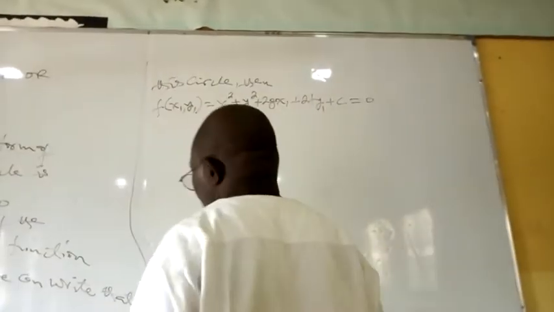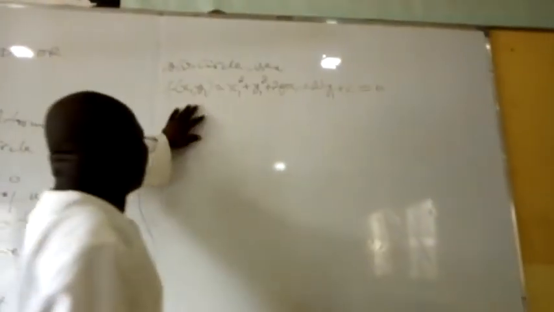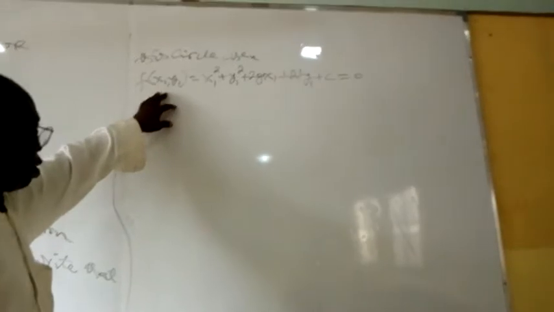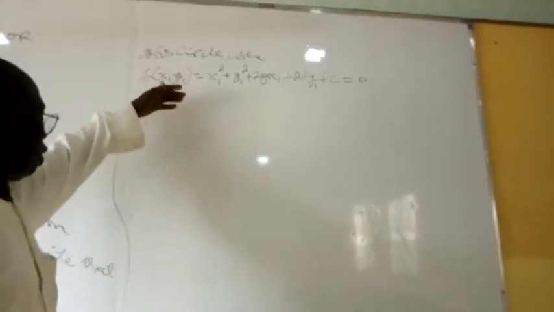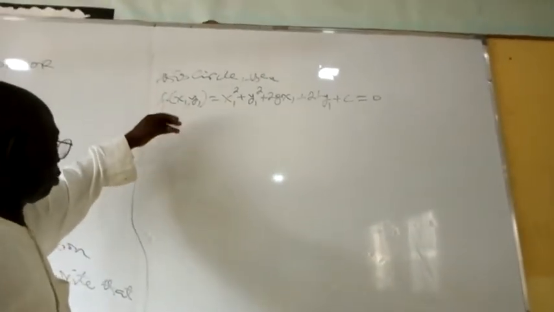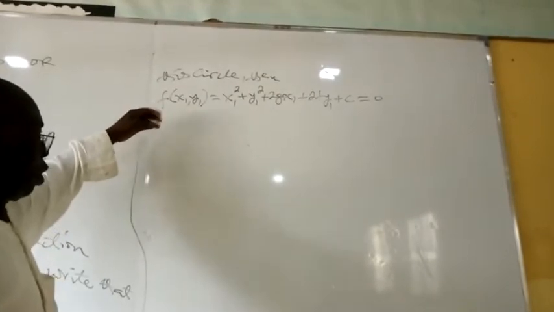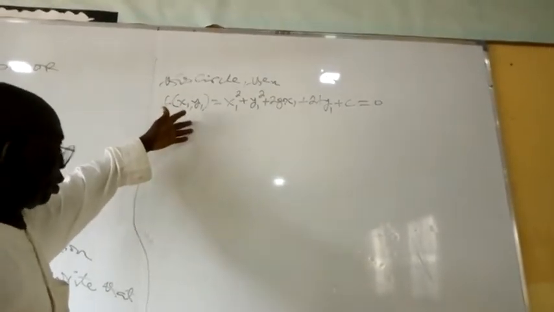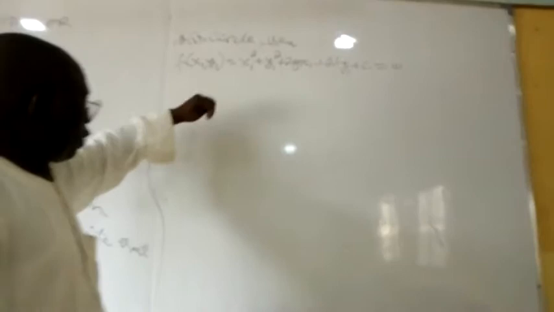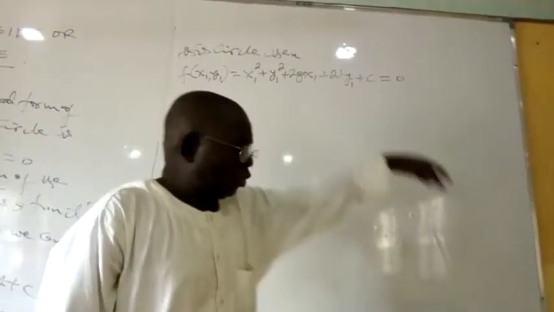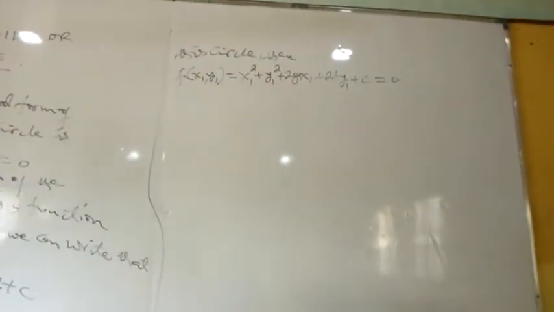So, what am I saying? If we substitute the coordinates of a point, x1, y1, in the general form of the equation of a circle, it is going to give us 0. And that shows that the point x1, y1 lies on the circle.